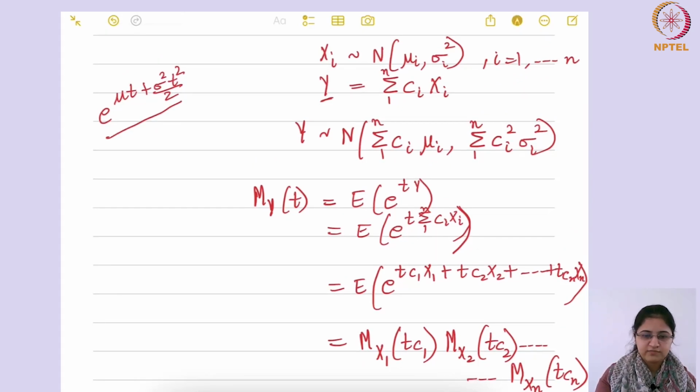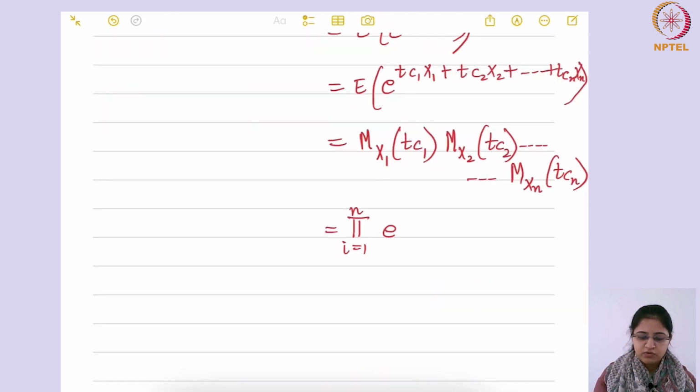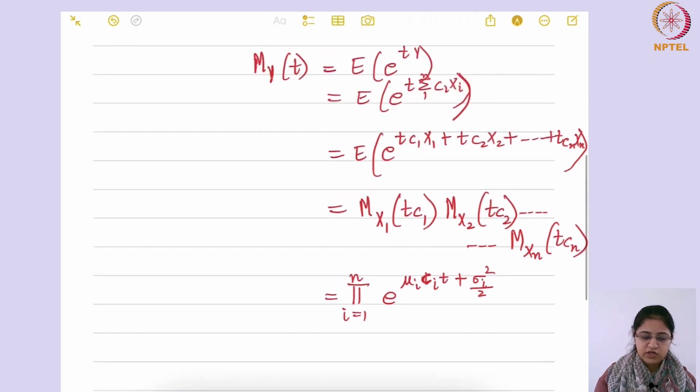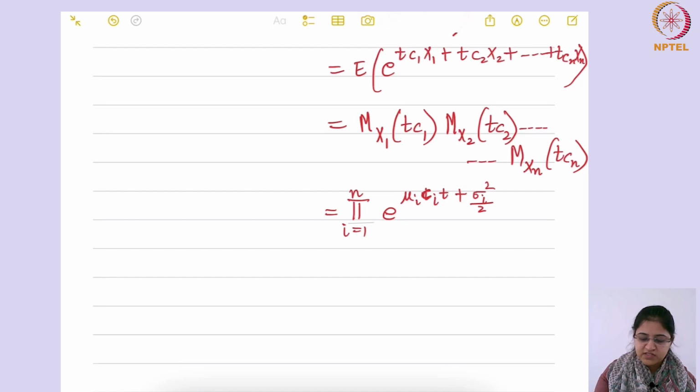So given this MGF over here, we can very well write it as e to the power mu i t. Since instead of t we now have c also, it is ci t, plus sigma i square by 2. The formula is sigma square t square by 2, so instead of t you have ci t, so ci square t square.